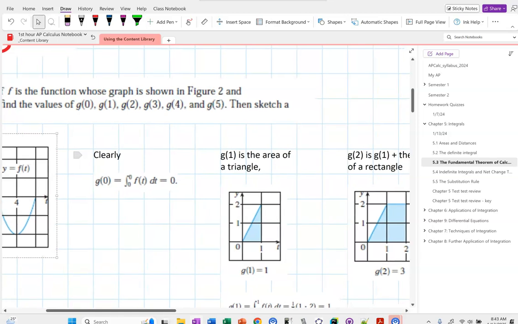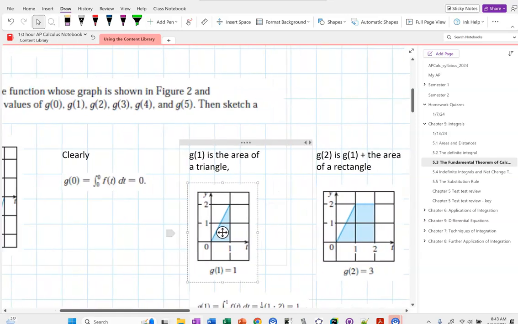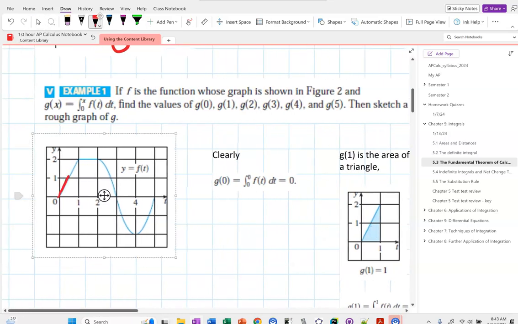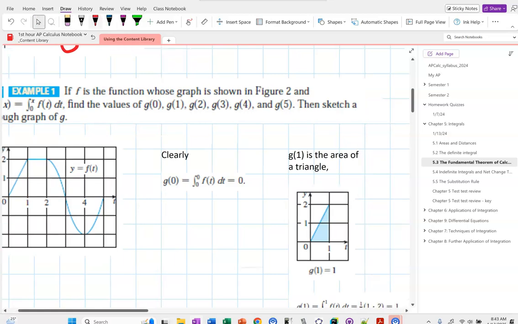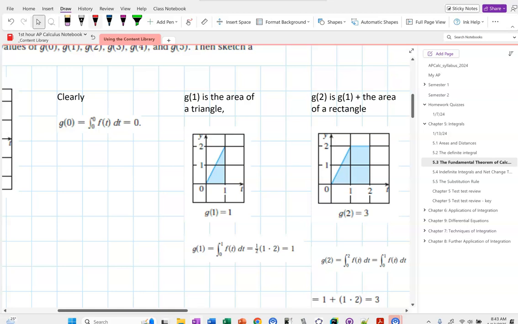Okay. So g of 1 is going to be the area of that triangle. The area of a triangle is 1/2 base times height. The base is 1, the height is 2. So 1/2 base times height is just 1.